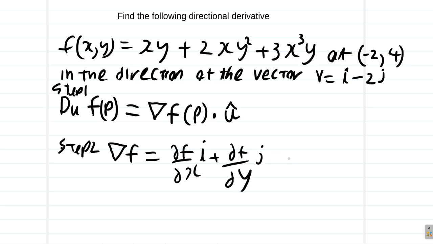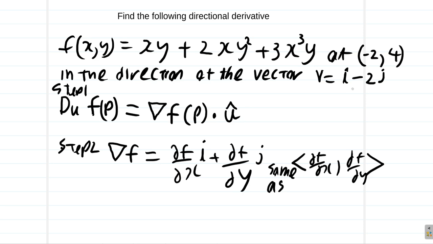Now remember, another way to write the vector is to use the angle brackets, delta f by delta x, comma, delta f by delta y. You might see that notation some of the times. Same thing, right? Same as this. And this could have been written like that too.